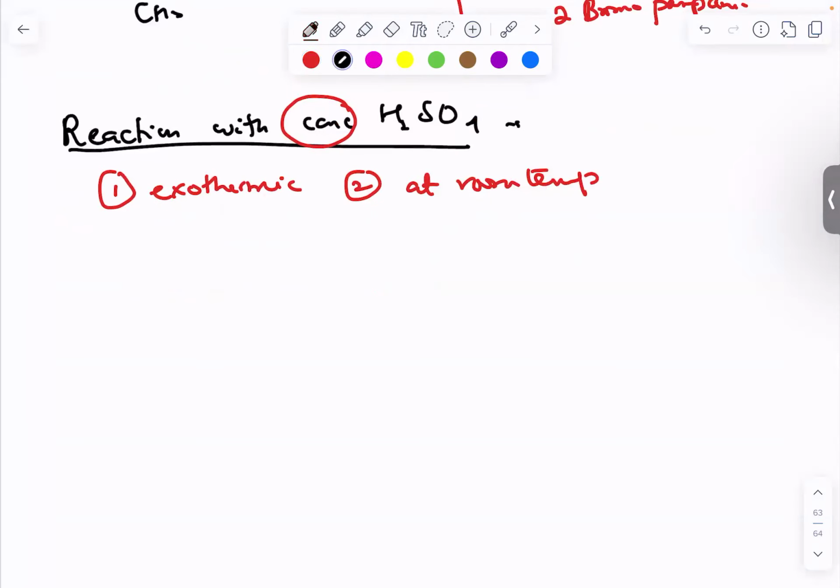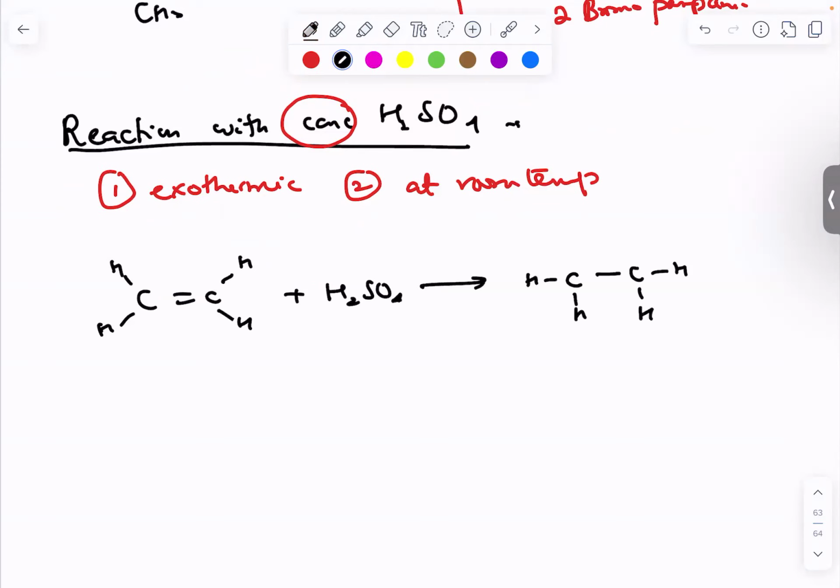So we are going to write like this, CH, this plus H2SO4, and we are going to get the product. I'm writing the whole reaction, and we get the product H, H, C, H, and then the additional H would come here, and HSO4, which is mostly written like OSO3H.